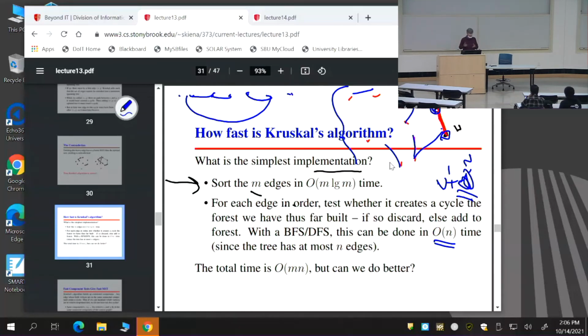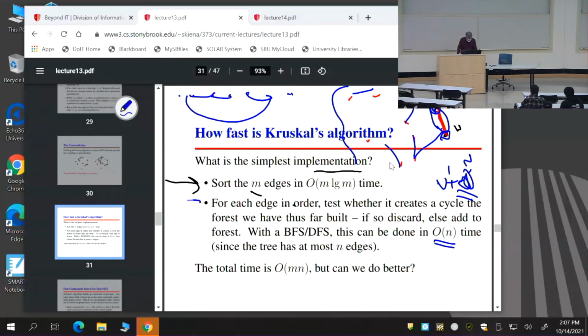Another way would be to add the candidate edge to my graph and then do a depth first search and see if I get any back edges. If there's going to be a cycle, there's going to be a back edge. So that would be a way of telling if I caused any trouble. Both of those would take order n. So what is this going to do?